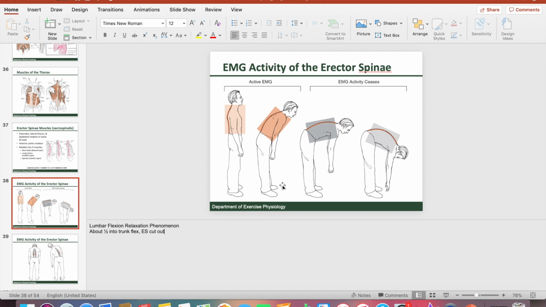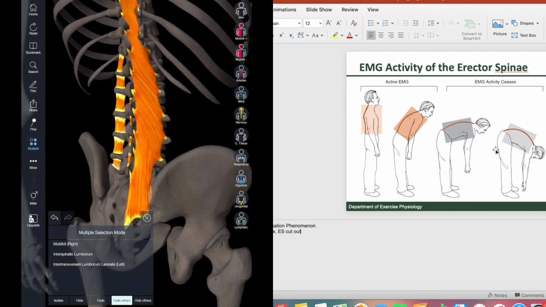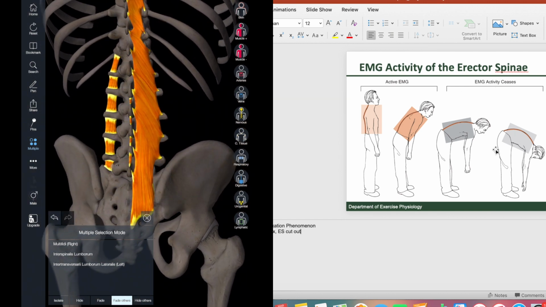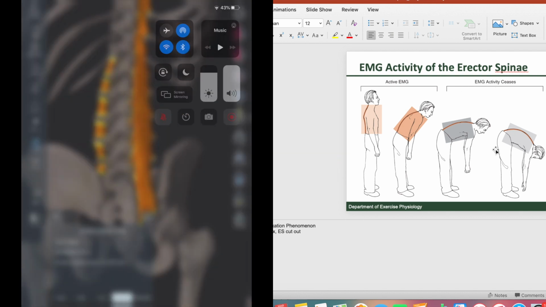That becomes an issue because in this postural situation, erector spinae cuts out, and that essentially leaves all of the force on the very small muscles of the spine, the intervertebral discs, and the connective tissue, being the ligaments of the spine.